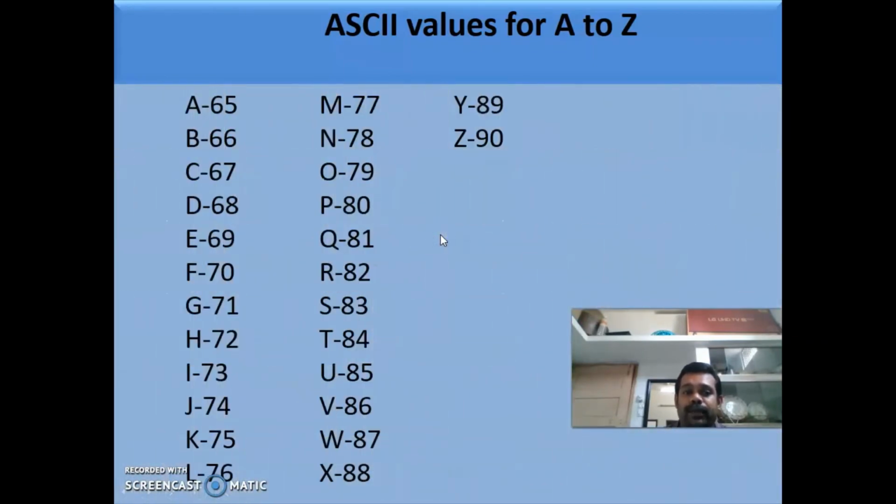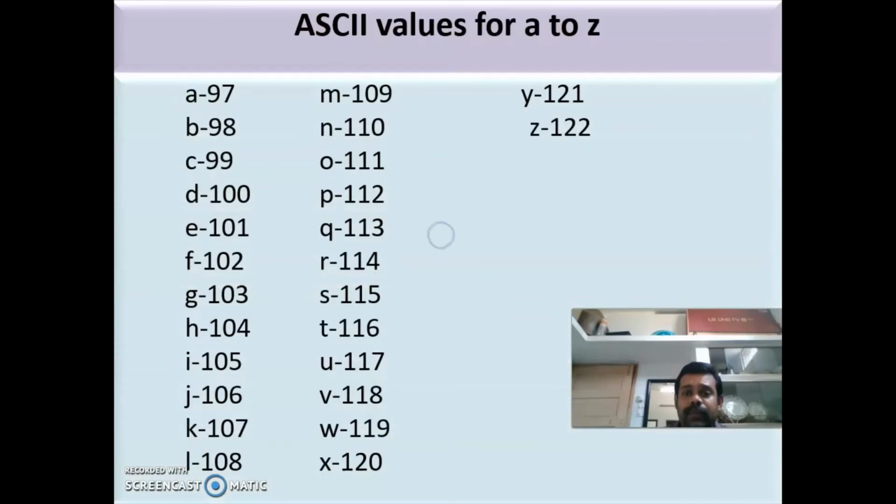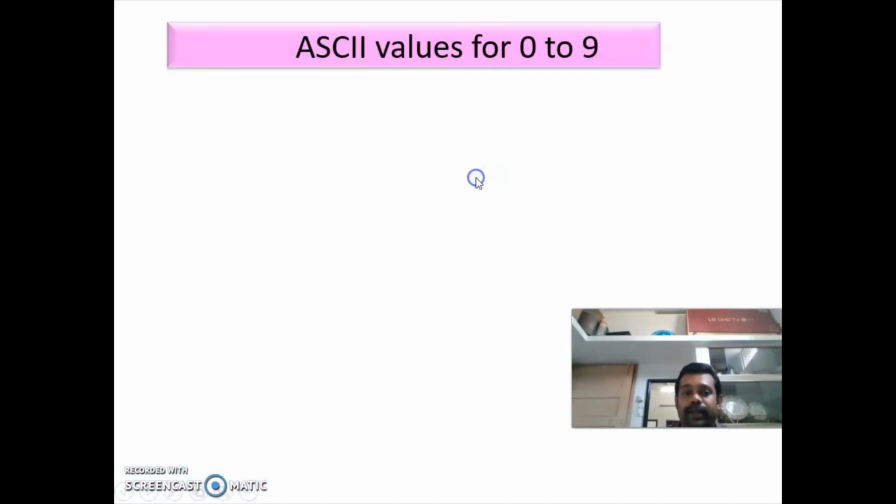ASCII values for small a to small z: for small a it is 97, for small b it is 98, and for small z it is 122.